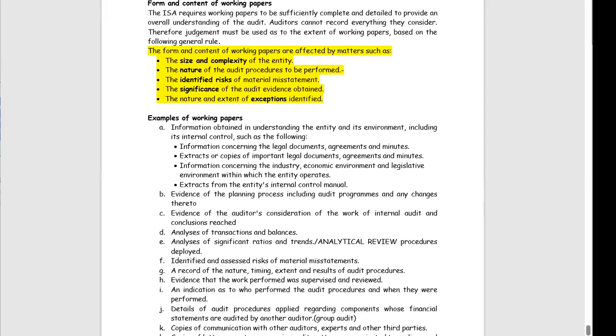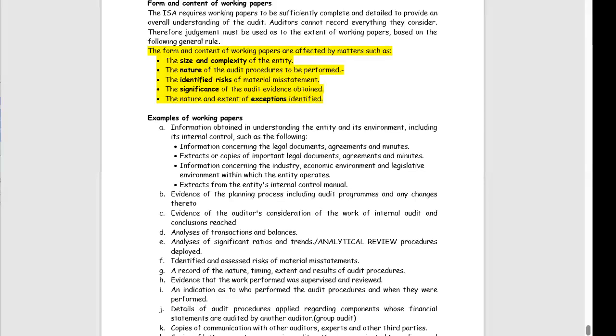Then B, evidence of the planning process, including audit programs and any changes thereto. C, evidence of the auditor's consideration of the work of the internal audit and conclusion reached. Then D, analysis of the transaction and balances.